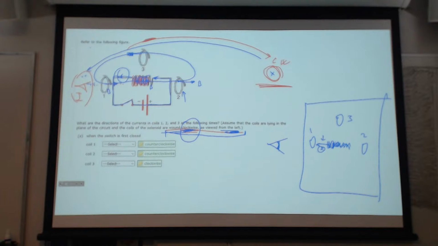Right, so the magnetic field lines of the solenoid itself go into the page from the viewpoint of the left guy, right? Relative to the person on the left, the magnetic field does point like this, yeah.